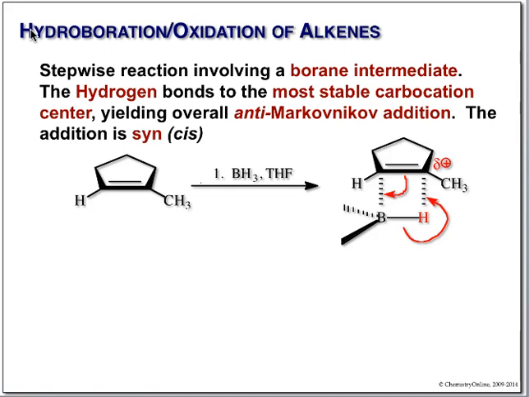The carbon of the double bond that can accommodate the charge will have the most of the positive charge. So it's like our pi complex, really. Except with BH3, H minus now goes to the carbon that would be the most stable carbocation, and the boron goes to the other one.